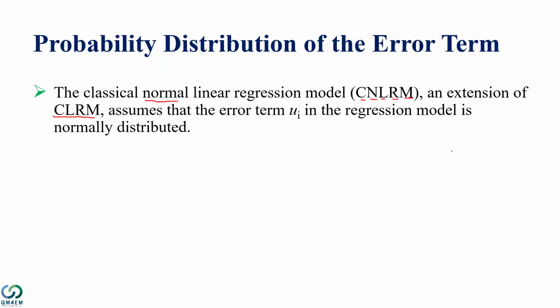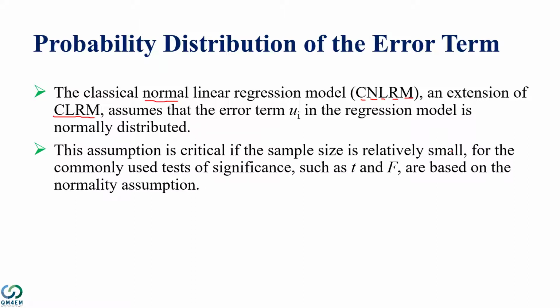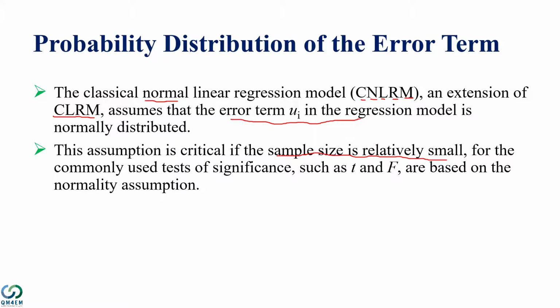This assumption is very important if the sample size is relatively small. For small sample sizes, it's important to have this assumption valid so that we can trust our results for T and F statistics, because these are based on the normality assumption. If error terms are normal or not can be checked through a test which we call the Jarque-Bera or JB test for normality.